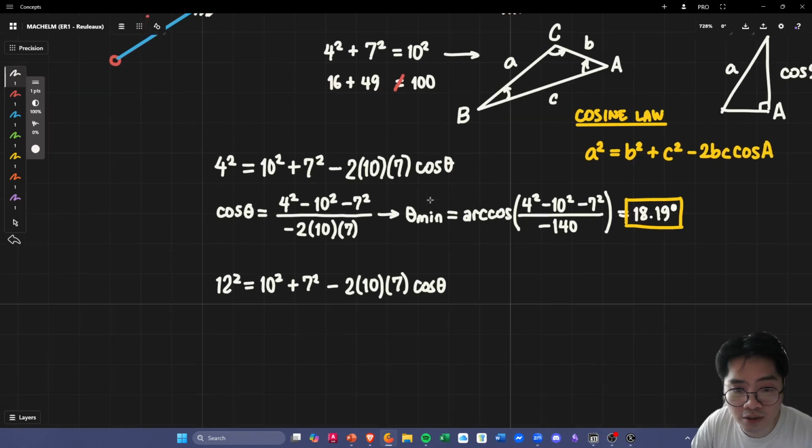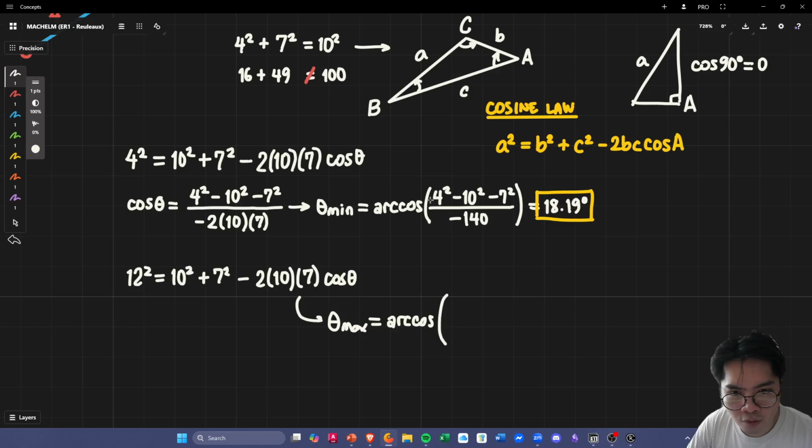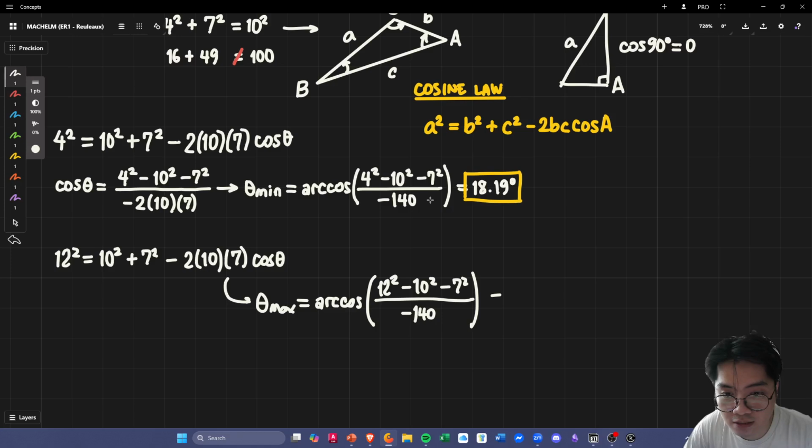So honestly, the only thing that changes now for your theta maximum is this value, the arccosine of 12 squared minus 10 squared minus 7 squared all over negative 140, which will give us a value of 87.95. So very close to 90 degrees.